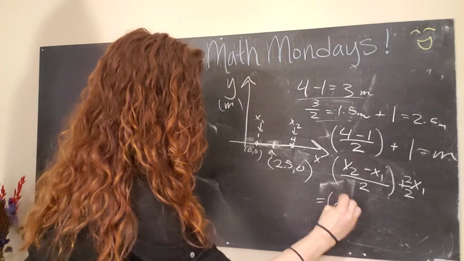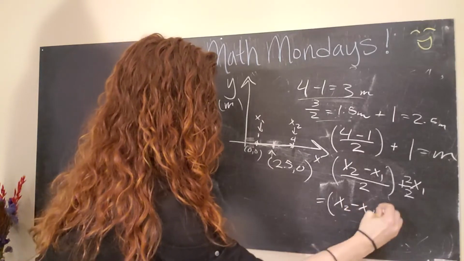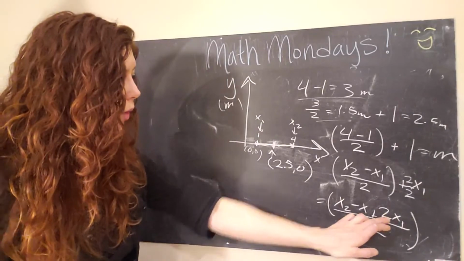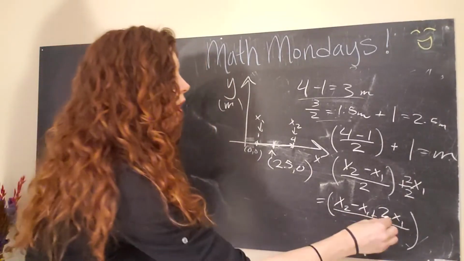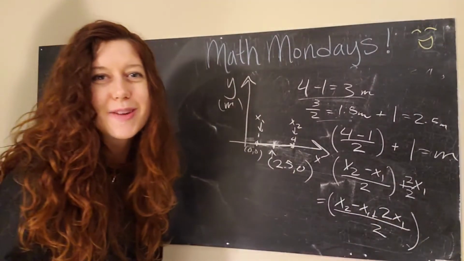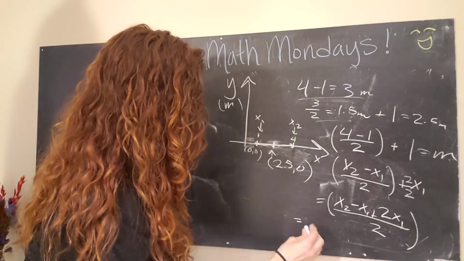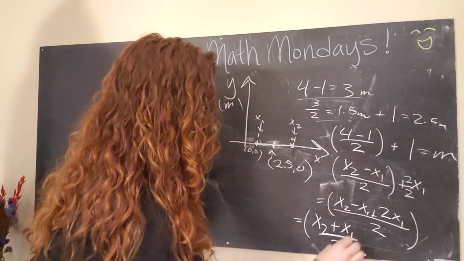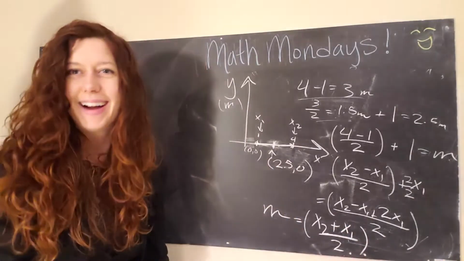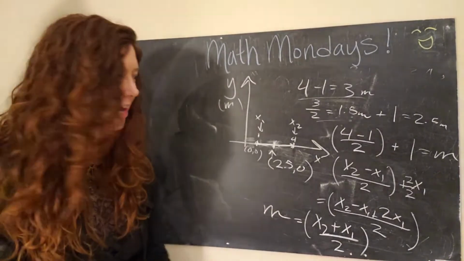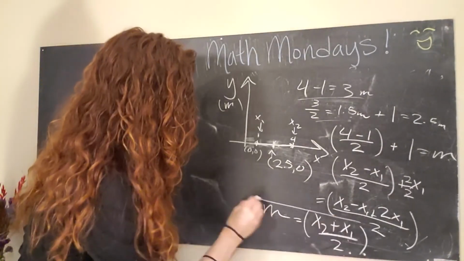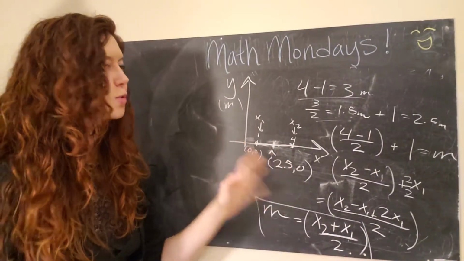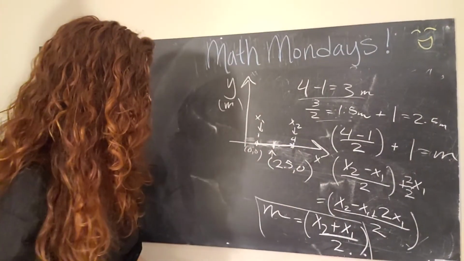And then we can say, okay, x2 minus x1 plus 2x1 over 2. And we're like, oh, hey, whoops, that's x1. Look at that. 2x1 minus x1 is just x2 plus x1. Look at that. Cool, right? So this is the midpoint of our travels in the x direction.